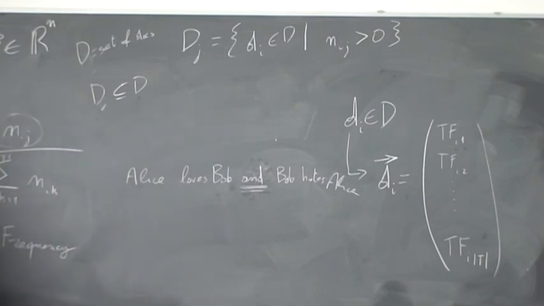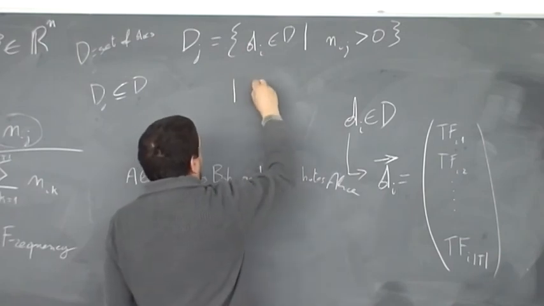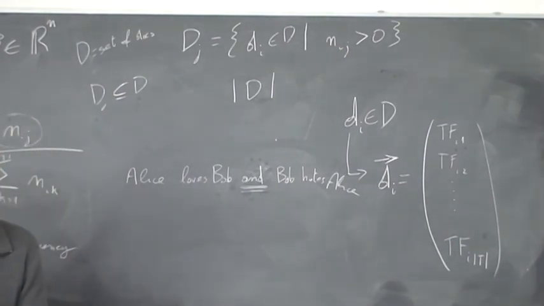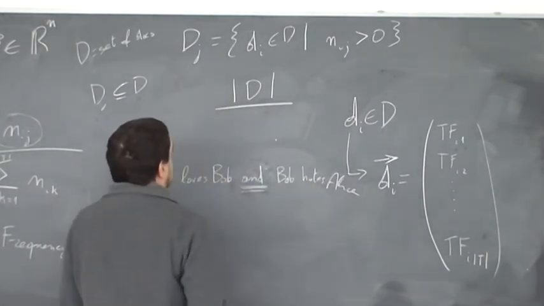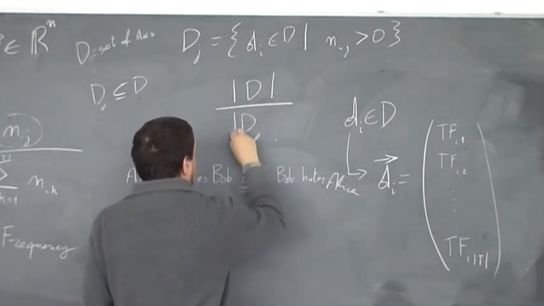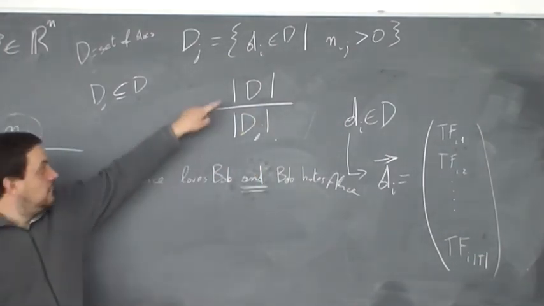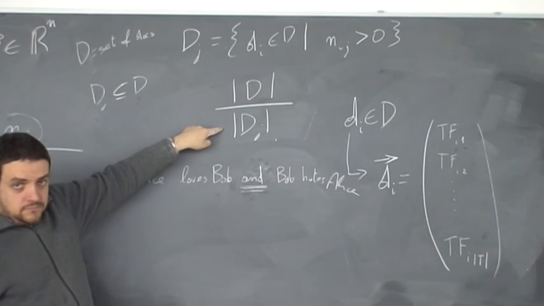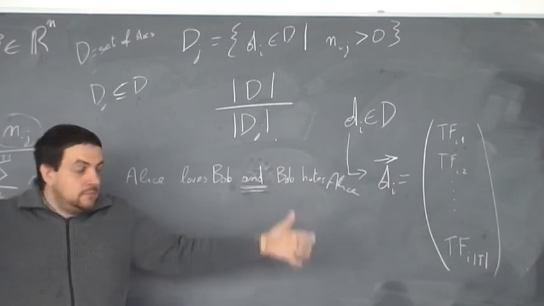So how can I represent the importance of a word? Well, I take the number of documents that I'm considering, all the documents, and I divide it by the number of documents that contain j. Of course, this ratio will always be larger than 1, because D_j is always smaller than D, since D is our universe.